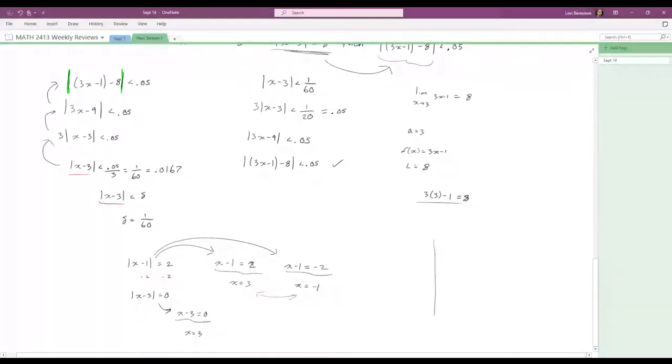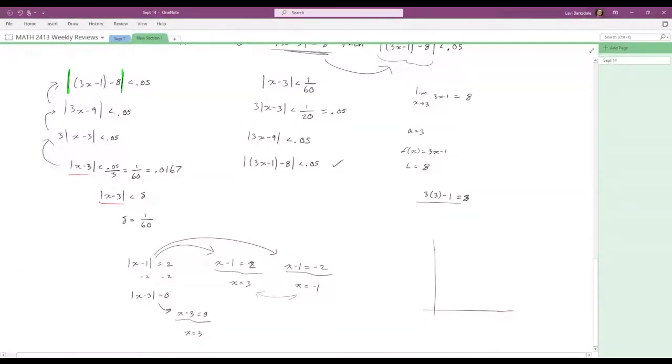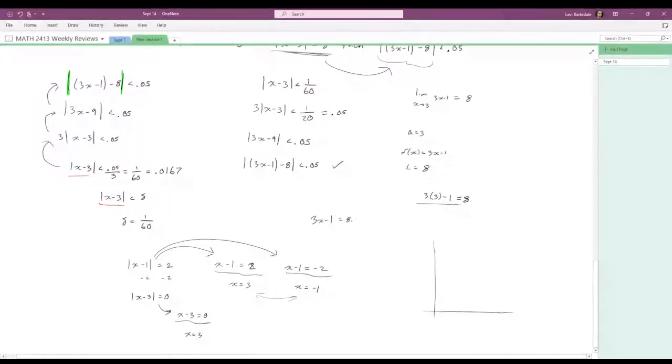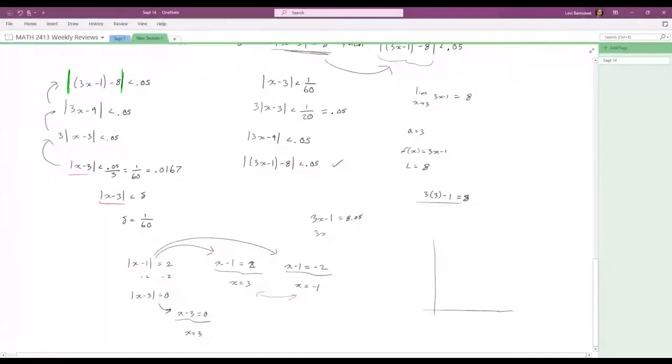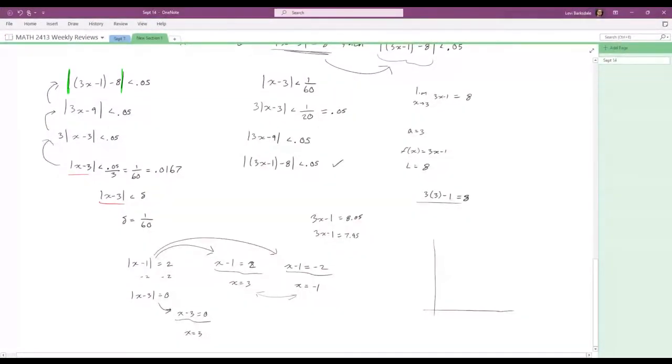So I solved two different equations, okay, so you're saying you just solve for x exactly without the absolute value. Yeah, so 3x minus 1 is equal to 8.05, and also 3x minus 1 is equal to 7.95. Yeah, that makes sense.